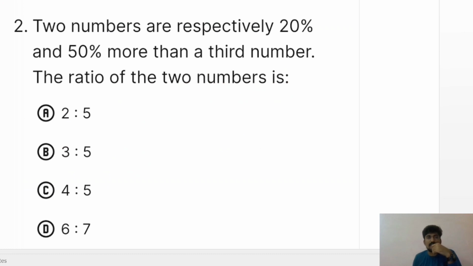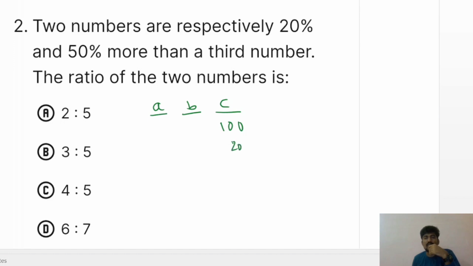Here the second sum. Two numbers are respectively 20% and 50% more than a third number. Find the ratio of the two numbers. Here the first number is A, the second number is B, the third number is C. Suppose we consider C as 100. The first number is 20% more. 20% of 100 is nothing but 20.